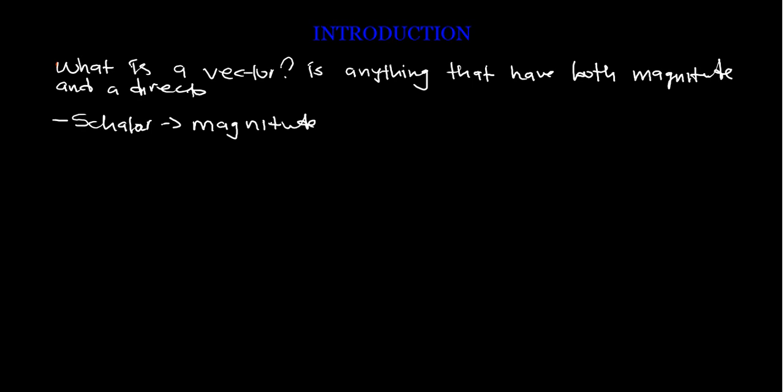If it has both of these things, I can give you the measurement: if I tell you 20 meters, this is the magnitude. If I mention, let's say, east, then I'm talking about direction now. So this thing qualifies to be a vector because it has a magnitude and also a direction.